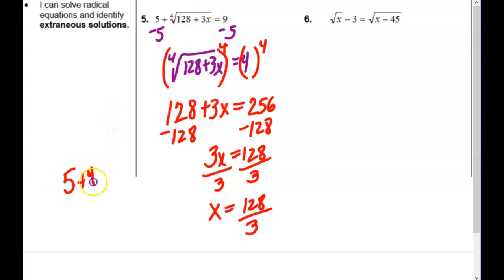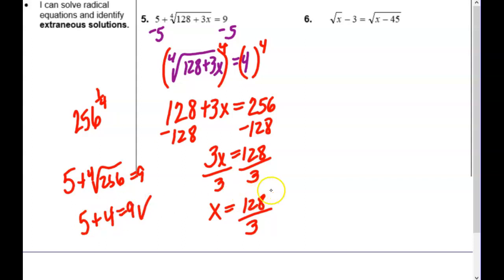So I'd have 5 plus the 4th root of 256 equals 9. Does anybody know what power that is? The 4th root of 256 is also the 1/4 power, if you wanted to type it in that way. Otherwise, you can do 4th root under the math menu. But it is 4, so it does check.